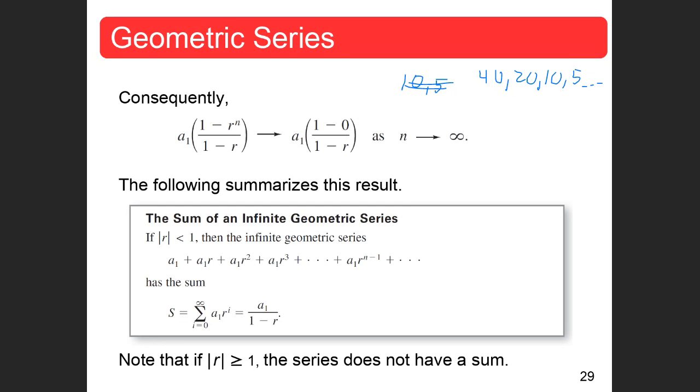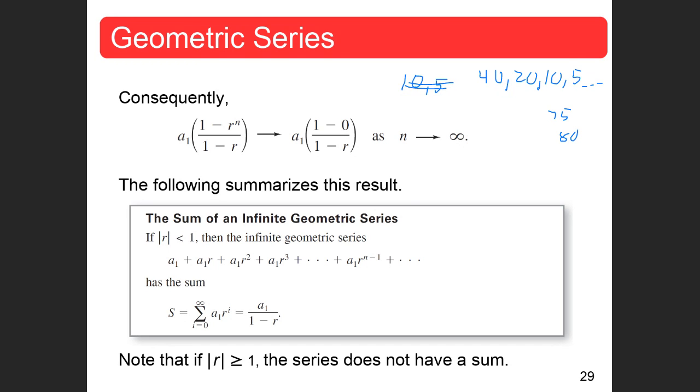So if I was going to do this problem, I look at this, and 40 plus 20 is 60, plus 10 is 70, 75. Then I'm going to add 2.5 to that. I'm thinking it's going to be close to 80, but I don't know for sure.